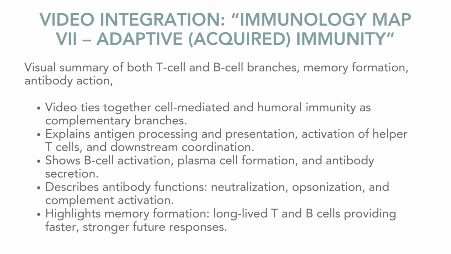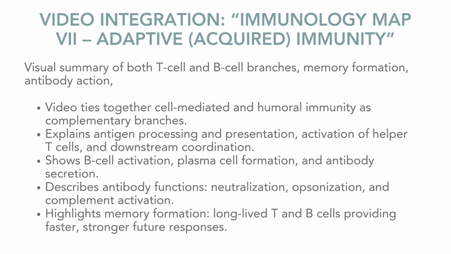The animation also highlights memory formation. Both memory T cells and B cells remain in the body long term. That said, I would say that it enables faster and stronger responses with future exposures.